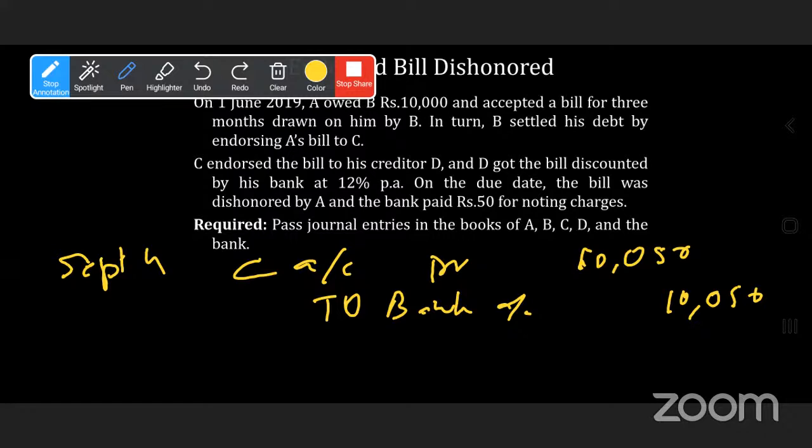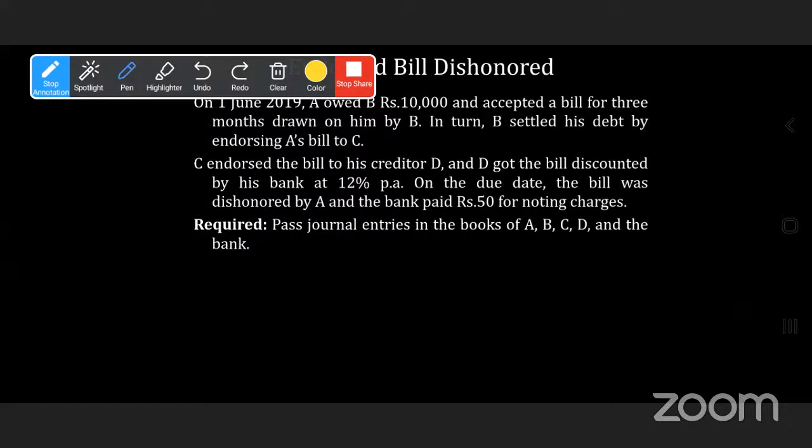Now let us see the Journal of Bank. In the Journal of Bank, June 1st, who got this bill discounted?